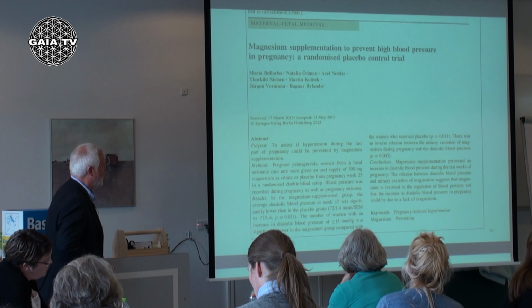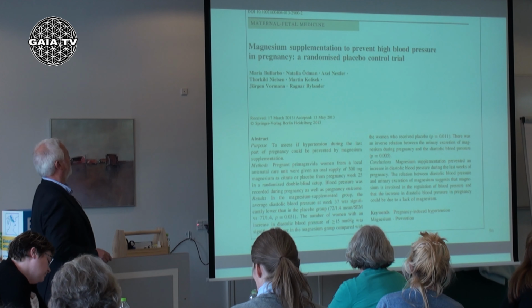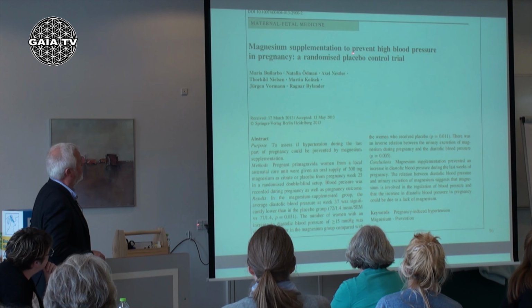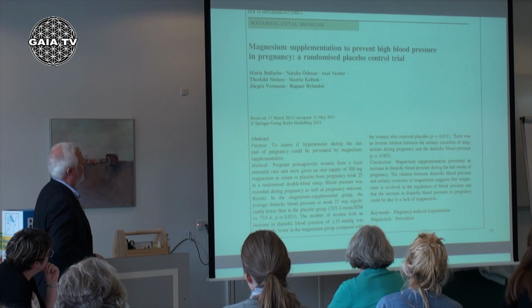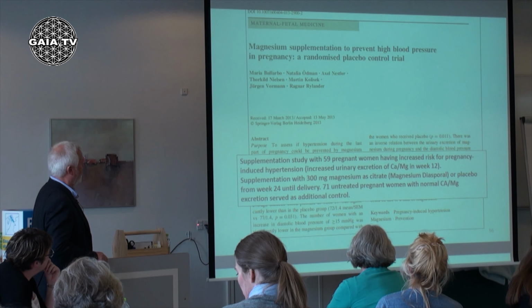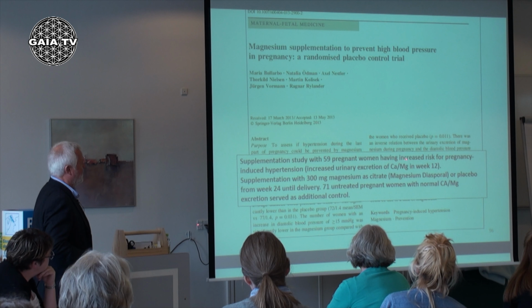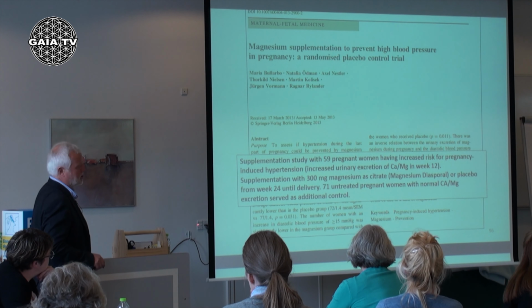And we did recently a study in the area of Gothenburg, and we supplemented magnesium to prevent high blood pressure in pregnancy. It was a randomized placebo-controlled trial with 59 pregnant women, and they had an increased risk for pregnancy-induced hypertension.